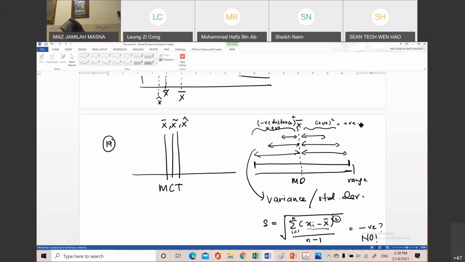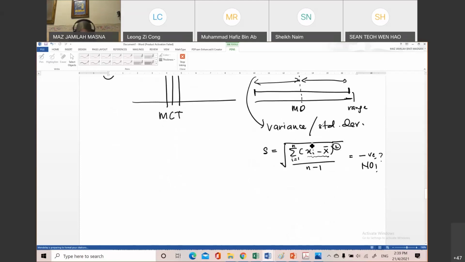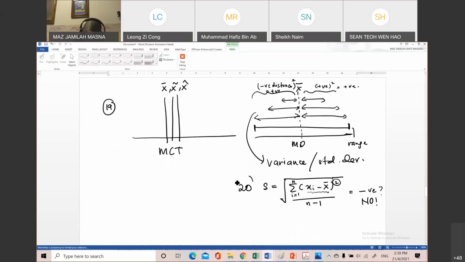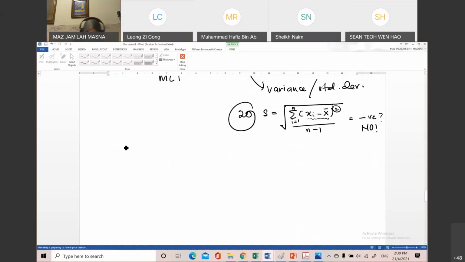Now question number 21. How do you calculate the interquartile range? If we subtract your Q1 from your Q3, that is your interquartile range. Do you remember where we have that?